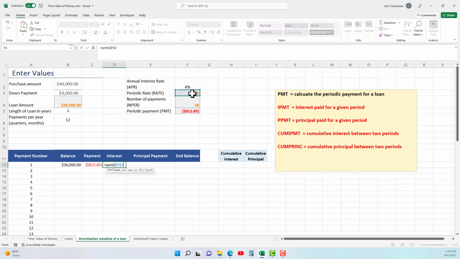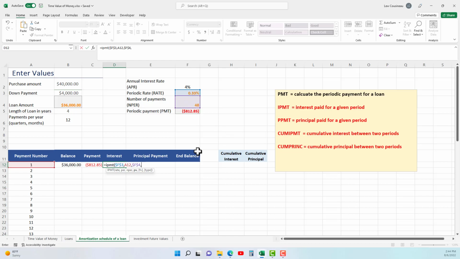We need to absolute that because it never changes. And the period that we're interested in is the first one. So that we don't absolute, because when we drag this formula down, I want to know the interest during payment 2, payment 3, payment 4. How many periods are in this loan? 48. Doesn't change, so make sure you absolute it.